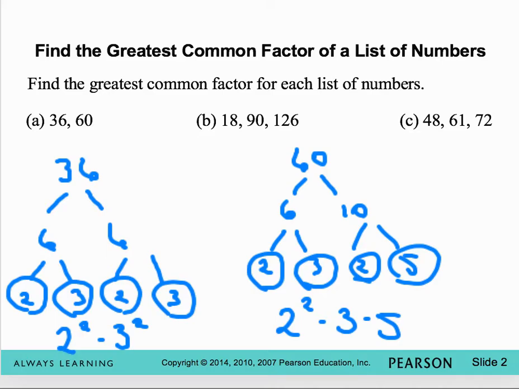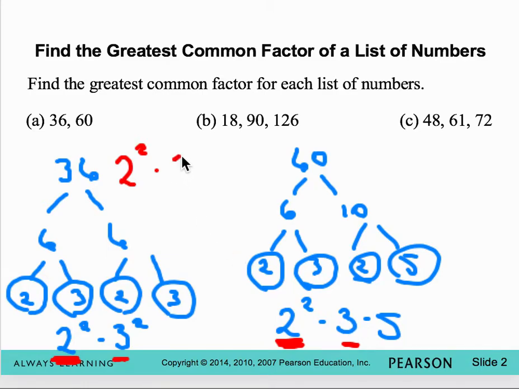So if I want the greatest common factor, I take anything they have in common. They both have a 2 squared. I'm going to take that. And they both have at least one 3. This one doesn't have a 3 squared. It only has one 3.